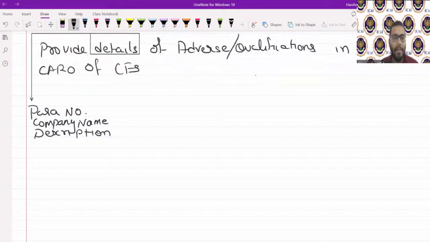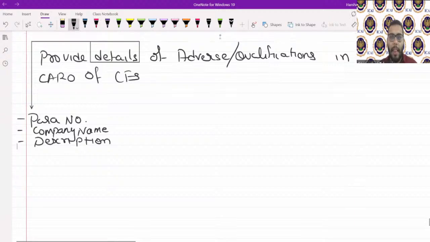So these are the three details that are required to be provided for adverse or qualifications in CARO of CFS.